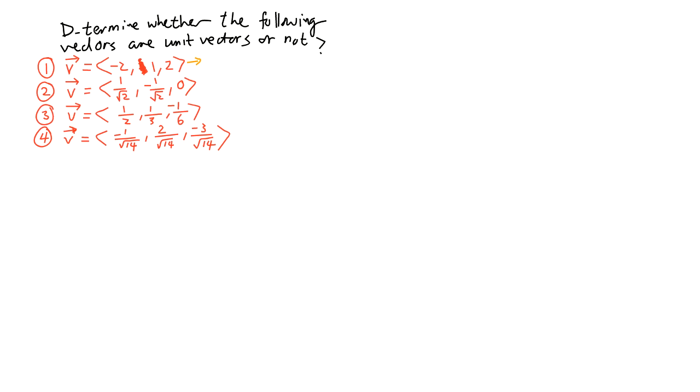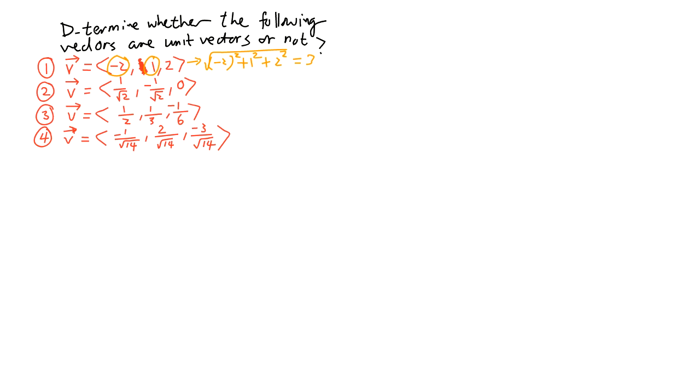So the norm of this vector is the radical of minus 2 squared plus 1 squared plus 2 squared. So this is 4 plus 4 plus 1, which is 9. Radical 9 is 3.